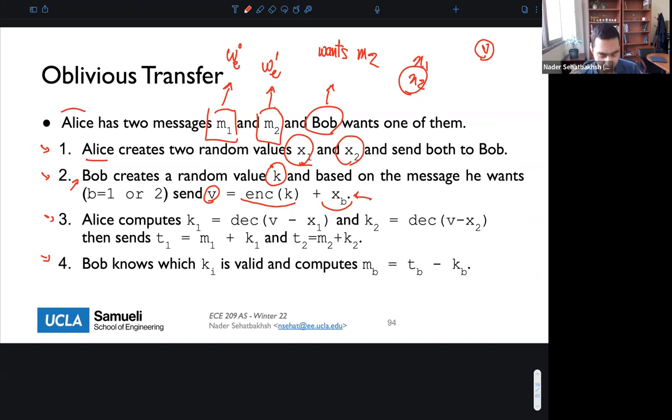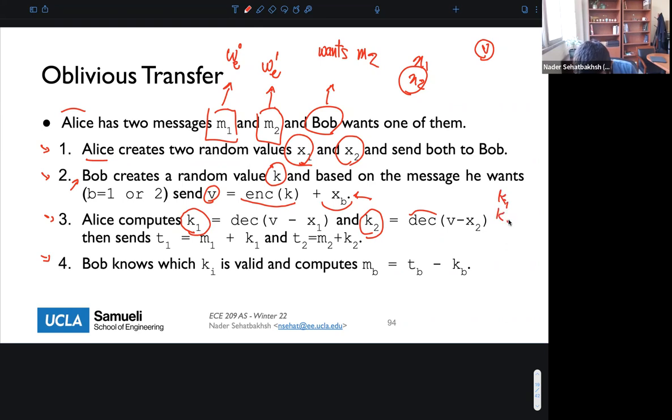The only thing Alice can do is basically two things. Alice creates 2 candidate ks, k1 and k2, right? How does Alice create that? Alice subtracts x1 and x2 from V, and then decrypts these values using the decryption mechanism that she knows.